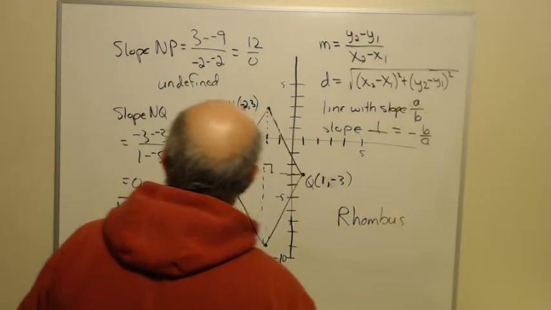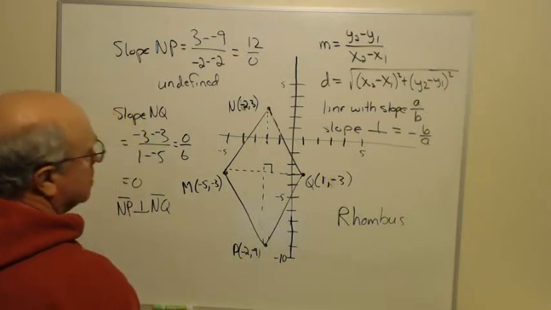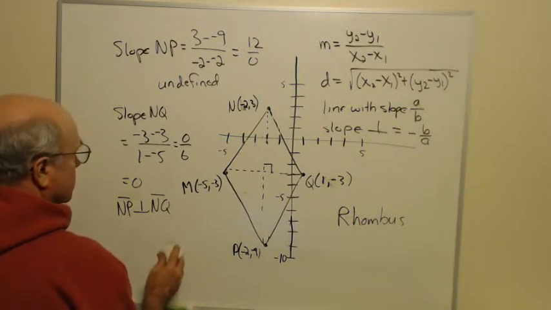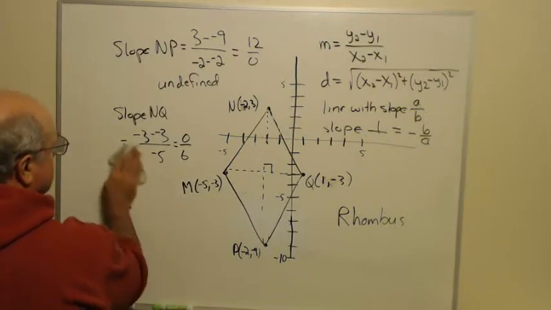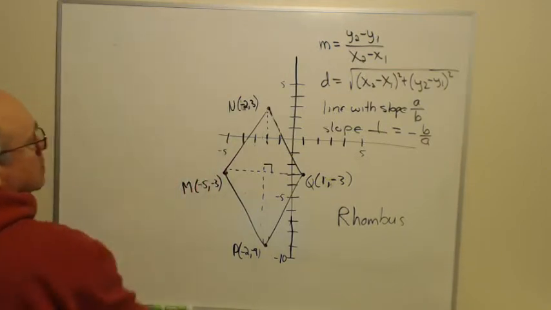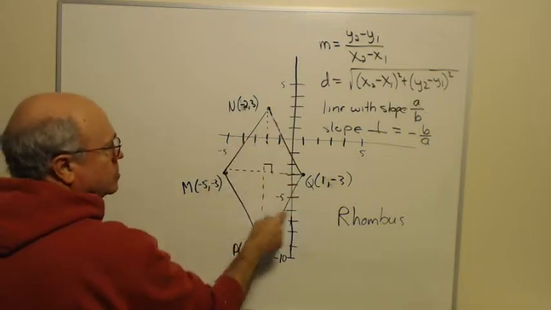Now, as long as we're talking about this type of problem and not just this problem, if you still had doubts and you wanted to confirm that this really in fact is a rhombus, even though we proved that it is, the last way to take care of it would be to see the lengths of the 4 sides.